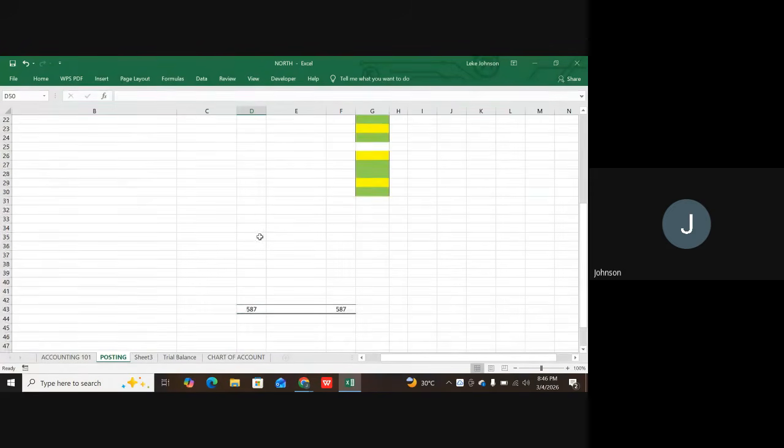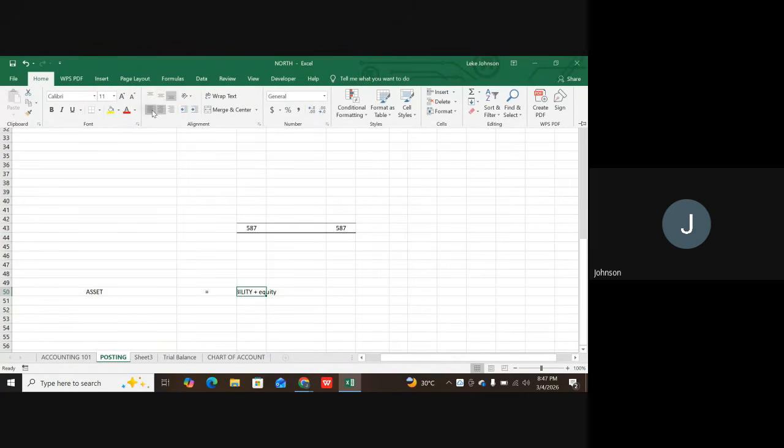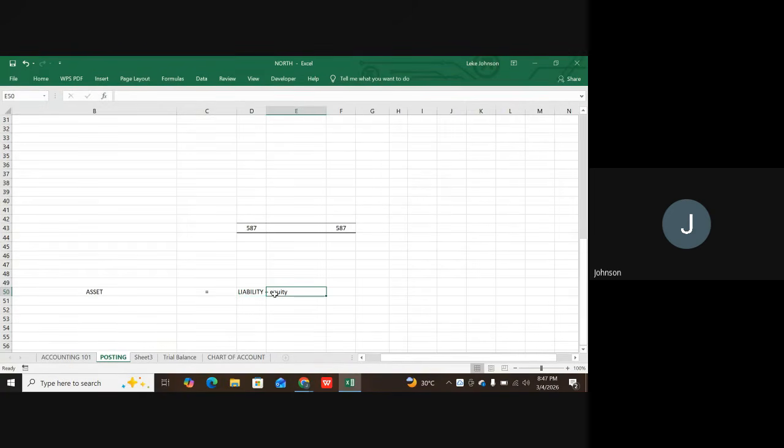Am I right, everybody? Let's say your asset is equal to your liability plus your equity. There are times that you will make an expense, but you will not pay for it yourself.